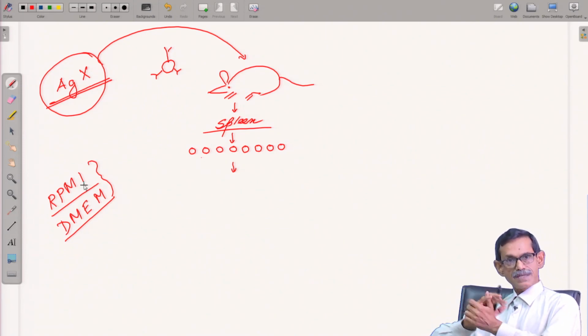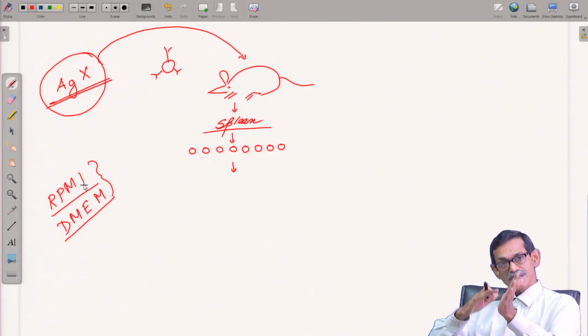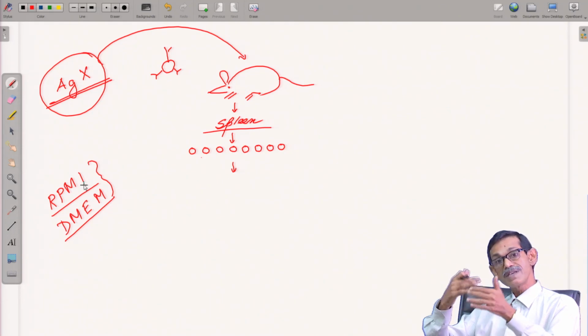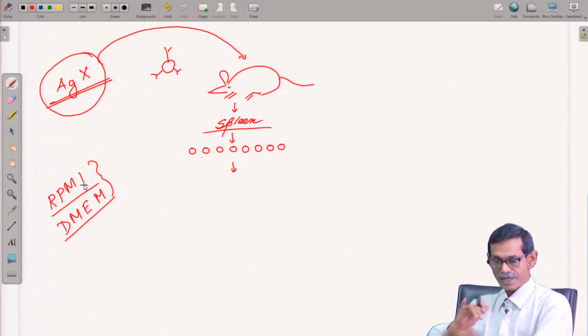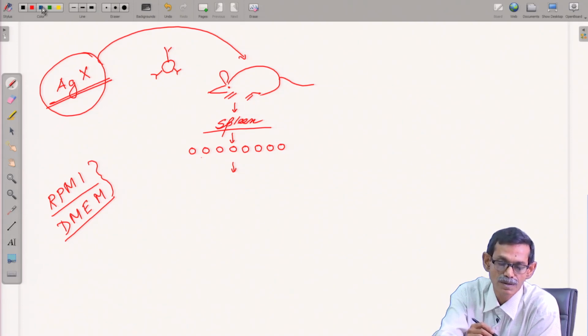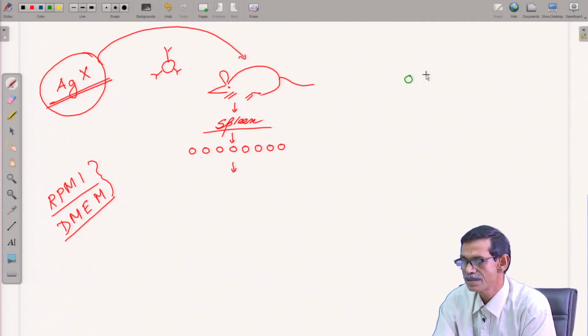So, people tried that. Then Milstein and Kohler figured out how to make them immortal. Okay. What they did, they took another cell, which is a cancerous B cell.